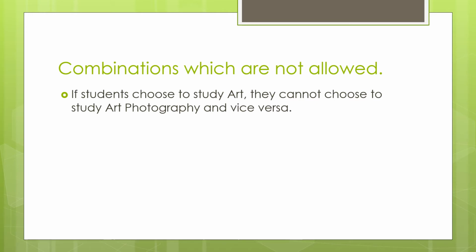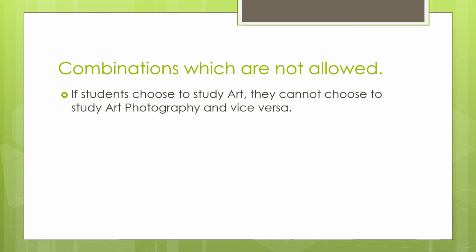So if it becomes necessary for the school to have a conversation with the student and parents, carers around potential difficulties that could be caused by students selecting course combinations which might not necessarily benefit them in the long run in terms of their GCSE results profile, then obviously the school would take the necessary measures to make sure that parents, carers and students are aware of the difficulties that might arise from particular course combinations.